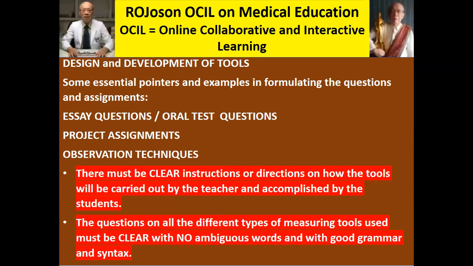For essay and oral test questions, project assignments, and observation techniques, the pointers will be: there must be clear instructions or directions on how the tools will be carried out by the teacher and accomplished by the students. The questions on all the different types of measuring tools used must be clear, with no ambiguous words, and with good grammar and syntax.